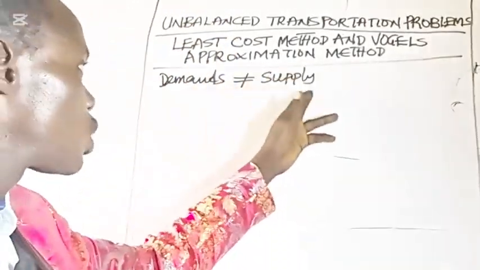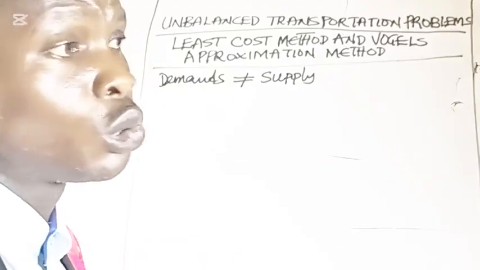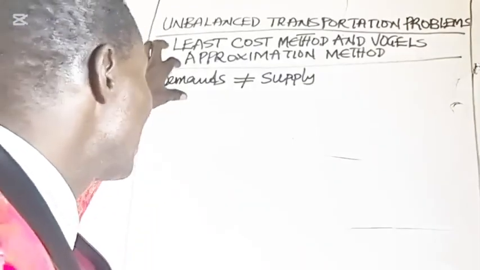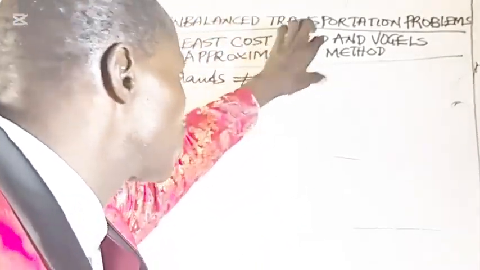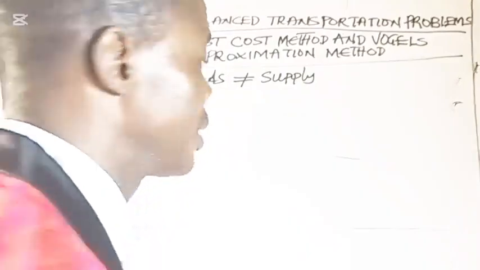Demand may be greater than the supply, or supply may be greater than demands. So where the demands are not equal the supply, that problem is said to be unbalanced.